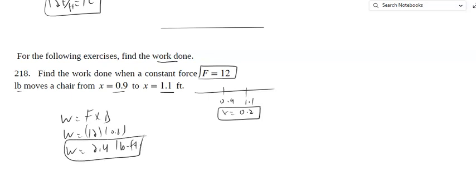Now, if you decided, wait, why didn't we integrate from 0 to 0.2 of 12 dx? Well, you could have. That will be 12x evaluated from 0 to 0.2.